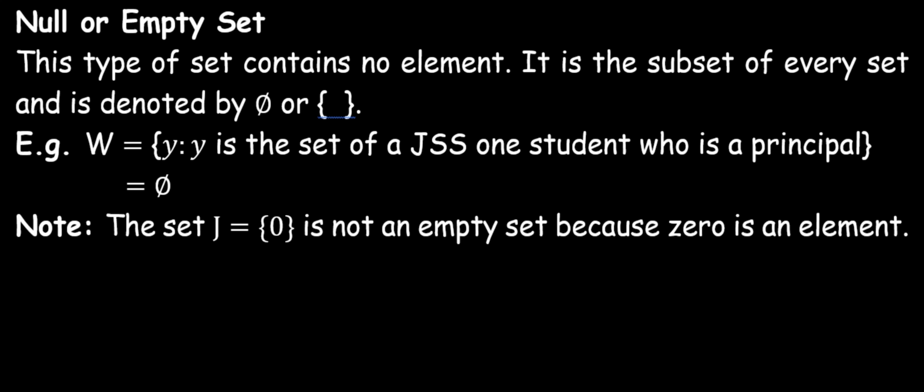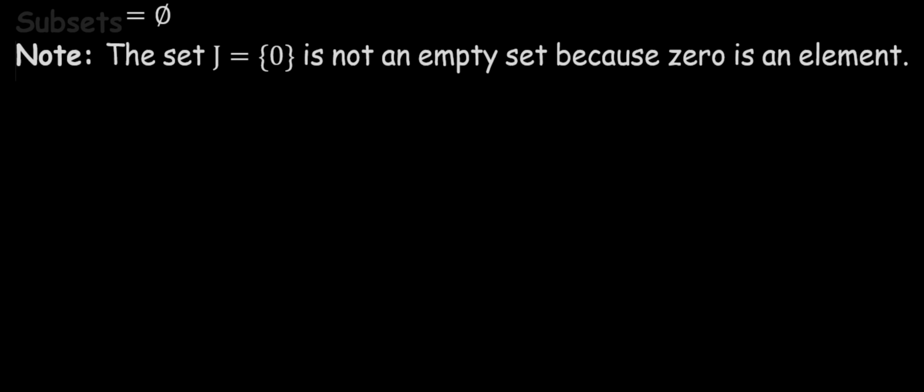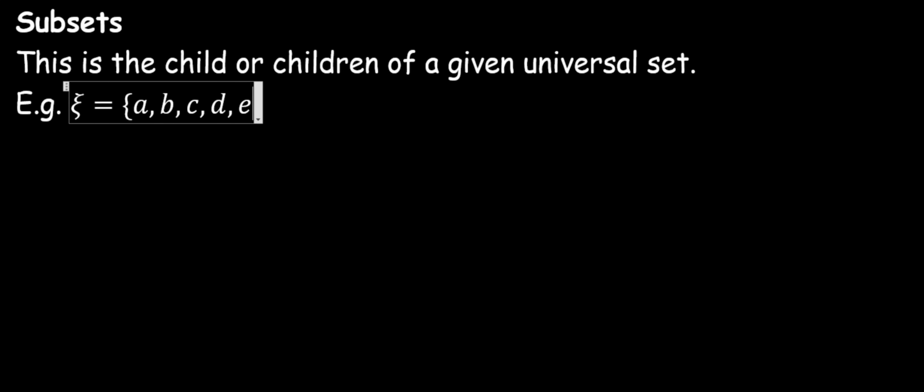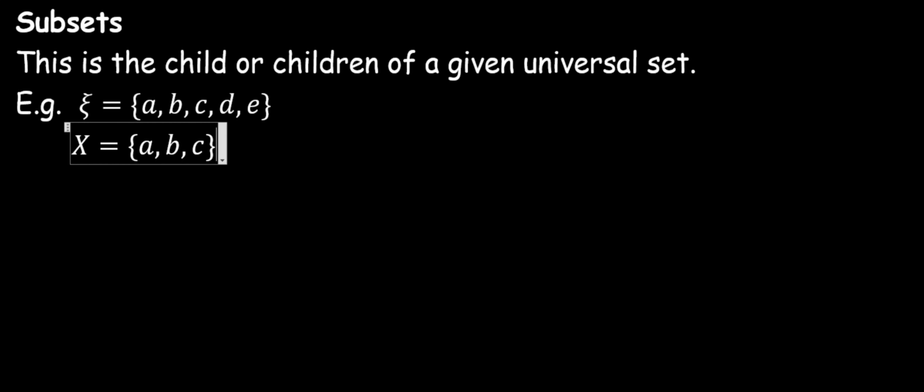The next definition of term is subsets. This is the child or children of a given universal set. For example, if we have a universal set given as {A, B, C, D, E}, then the subsets under this universal set, some of them could be X equals {A, B, C}, and Y equals {A, K, C, D}.